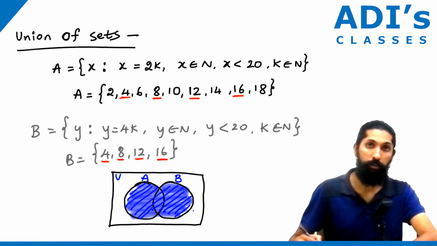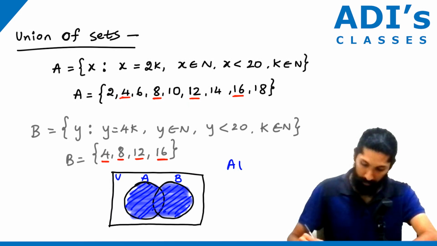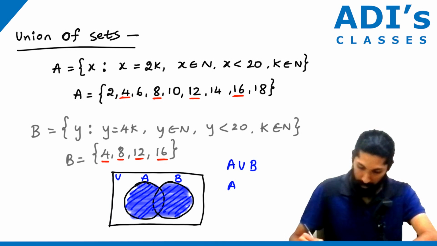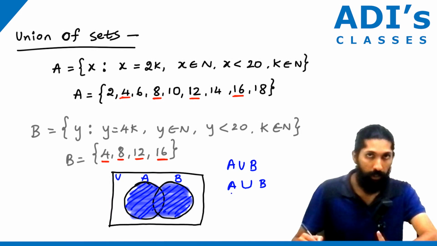So A union B, we write it like this: A union B. Remember, this U is not the universal set, it's the symbol for union. Or you can also write it like this: A, union, B. This is A union B.